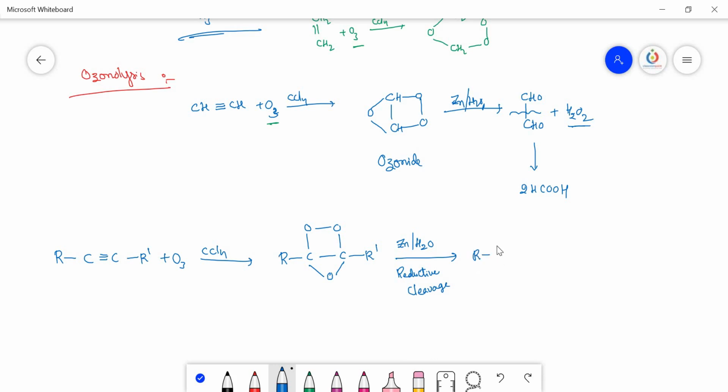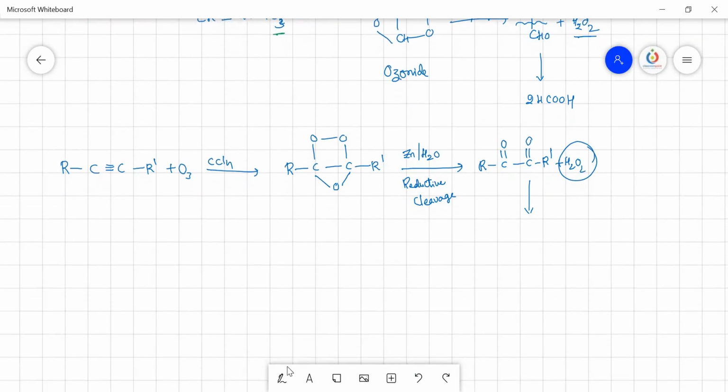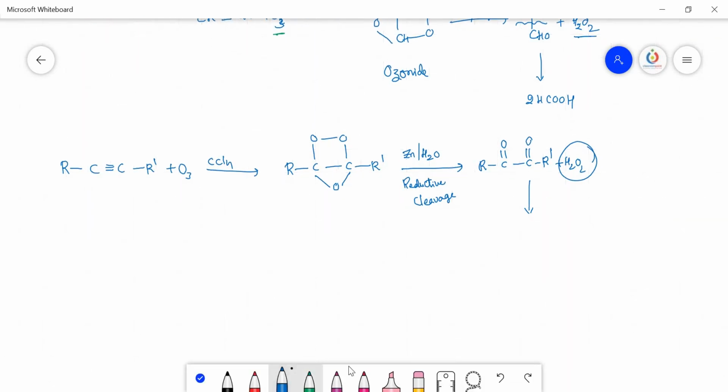So here what happens, R C double bond O, C double bond O R dash, plus H2O2. This H2O2 plays a major role, because this particular peroxide oxidizes the formed ketone or aldehyde into their respective carboxylic acid so that it breaks up this particular bond.